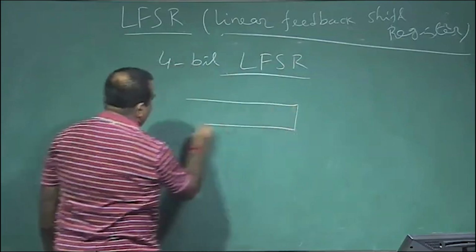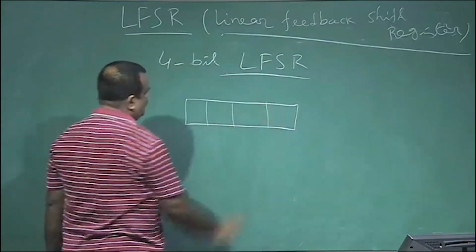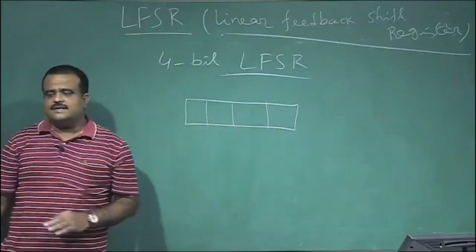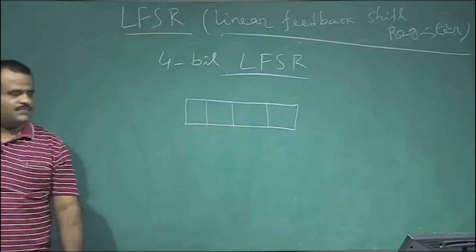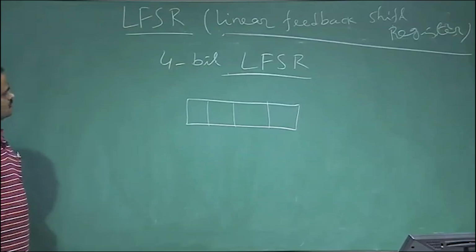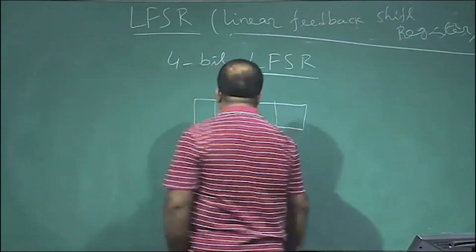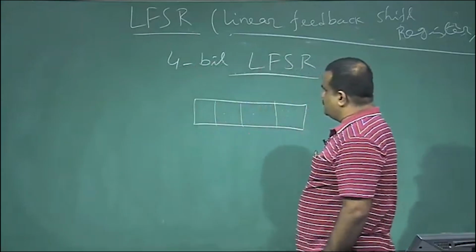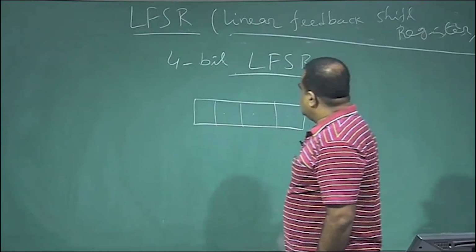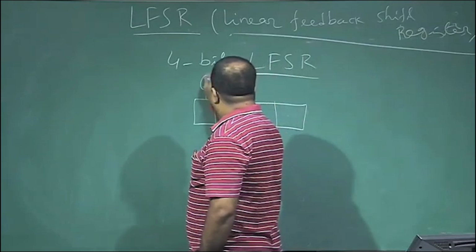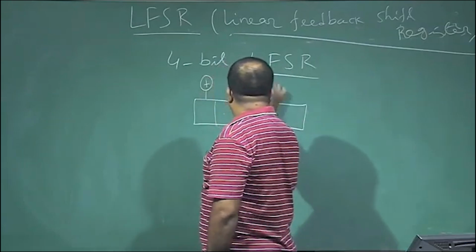is basically we have 4 flip flops, each of which can store a single bit of information. Okay. So, these can each store a 0 or 1, 1 bit of information, and it has some connection like this.